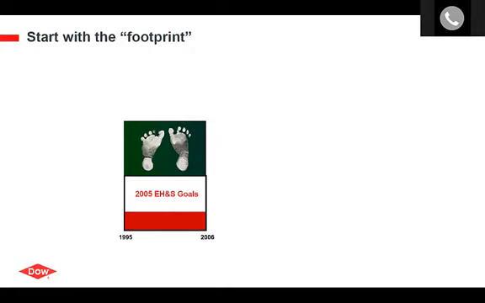This first set of goals focused on our operations, the things that happened from gate to gate, as we might call it, within our direct control. And the focus was with respect to safety, resource use, and emissions. We would now look back on this and call this the footprint of our operations. It's an essential starting point, our own operations.